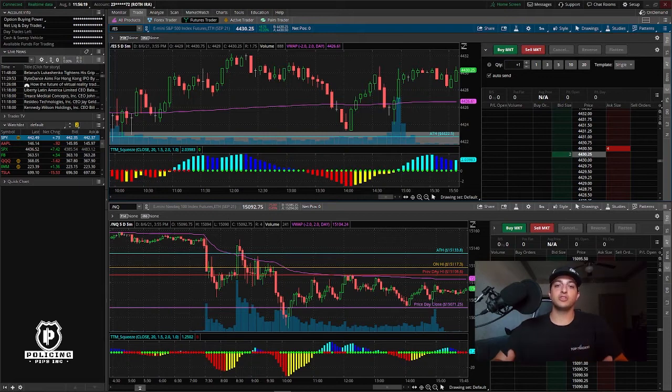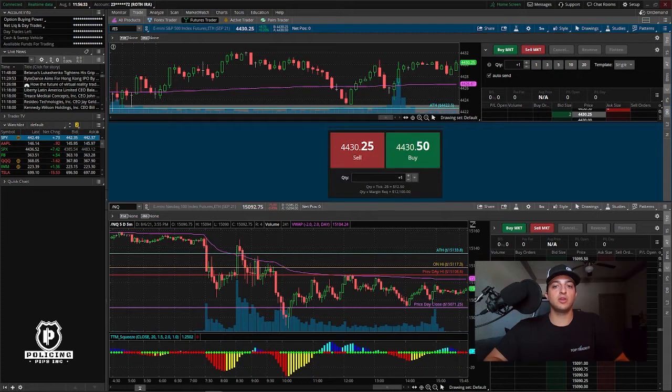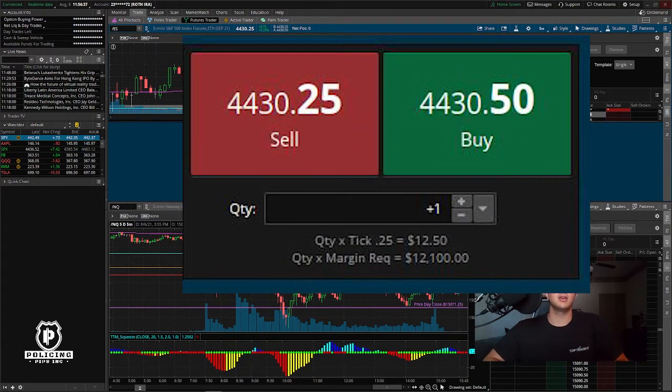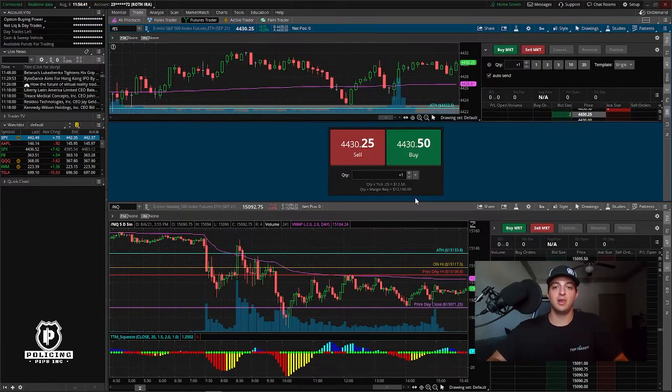So that margin differs per product. You'll see that the S&P is around 1200. Let's see, I'll pull it up. To place one trade of the ES with just one contract, it costs $12,100 of your margin. You need to have at least that much money and more to be able to trade this product safely.